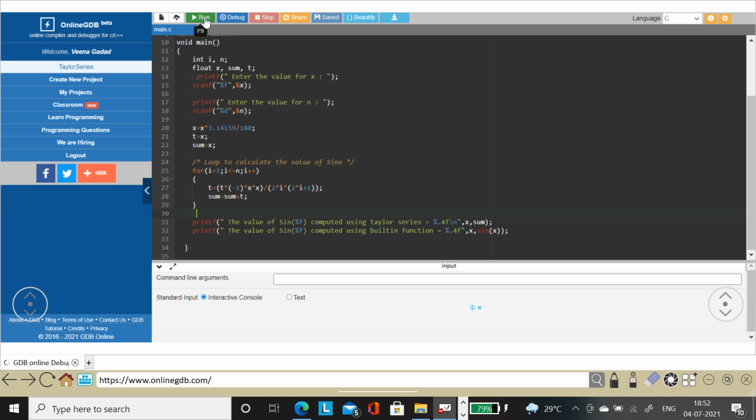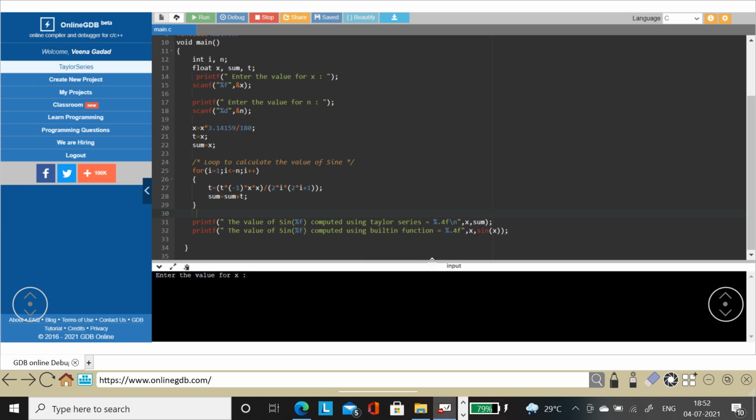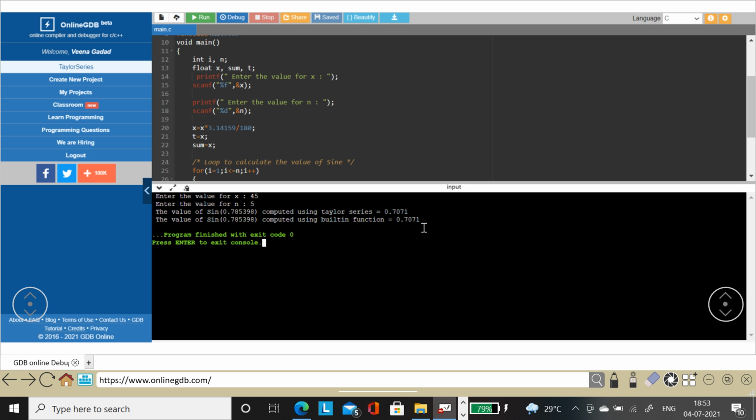I'll just run this code. Enter the value of x as 45 degrees. For the value of n, I'll give the number of terms to be computed as 5. Observe here, using the Taylor series I've got 0.7071. Using the built-in function it is also 0.7071.